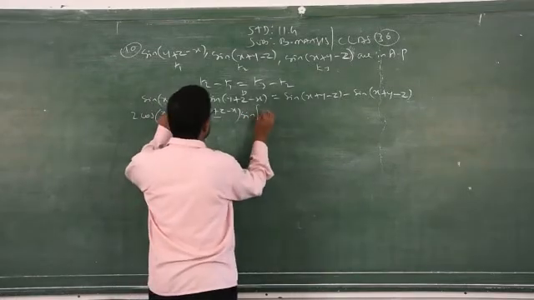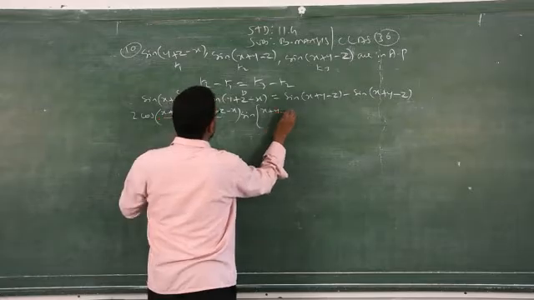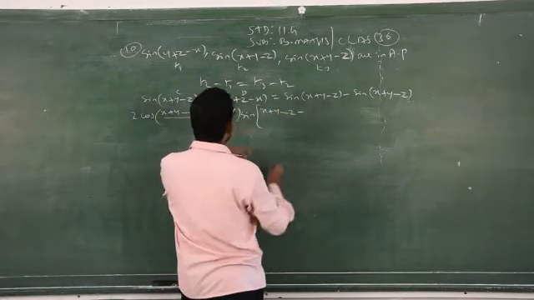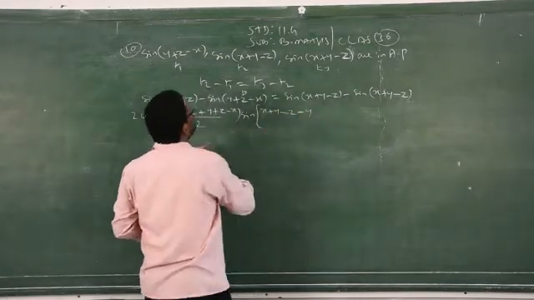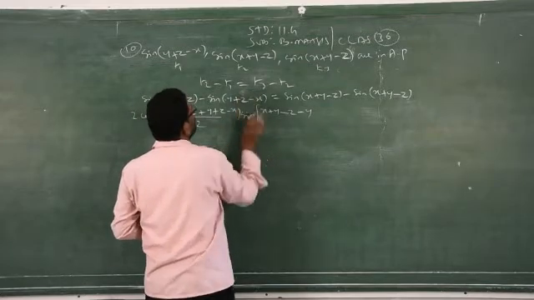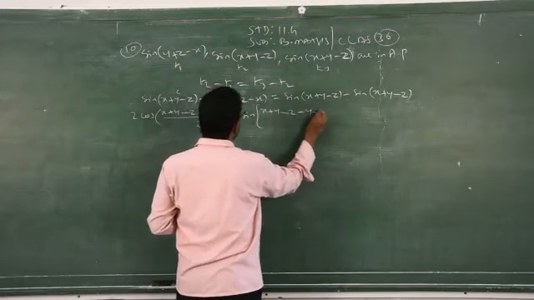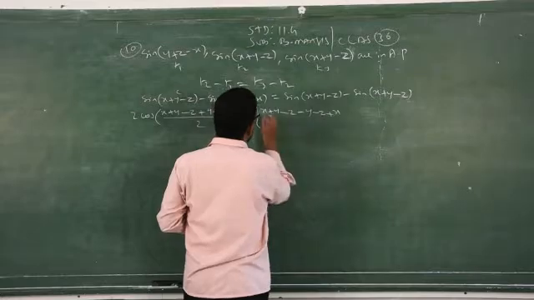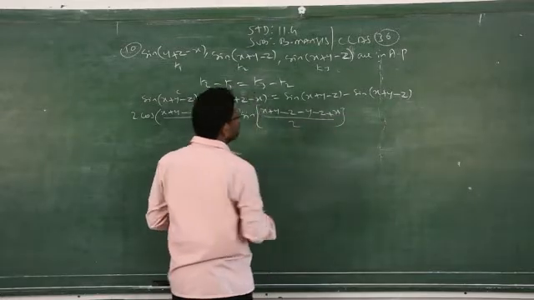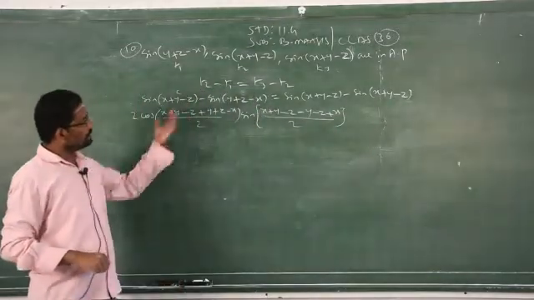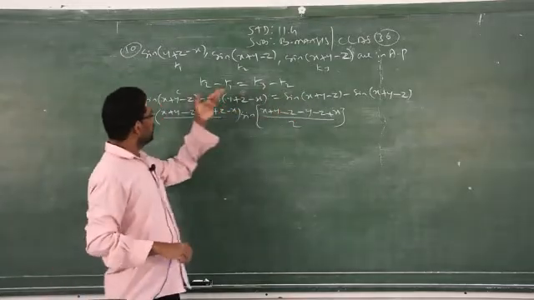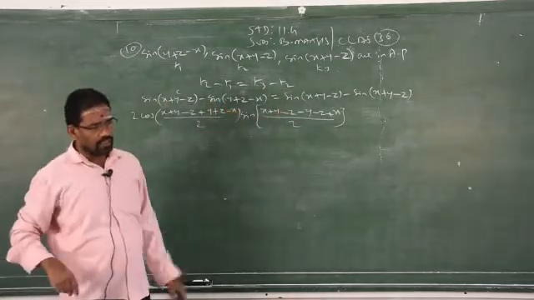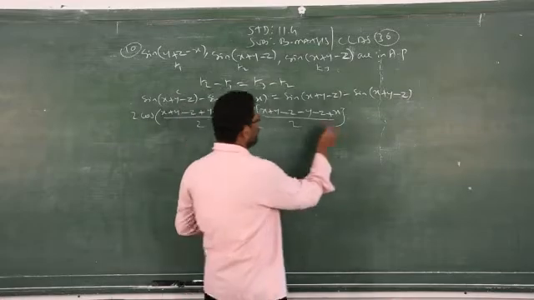Next, sin of (C minus D) by 2, with C minus D being x plus y minus z minus D. Therefore, you have to change the sign: minus y minus z plus x by 2. Clear? On the other side also you have to replace the same formula, sin C minus sin D. What will come to the right hand side?